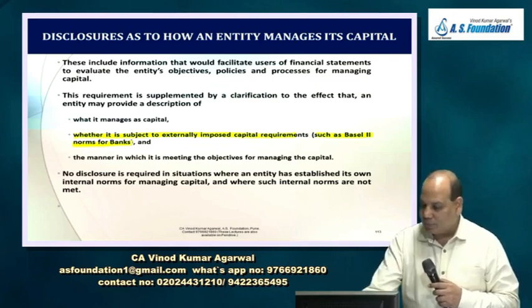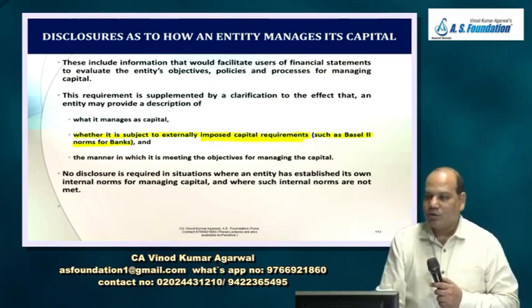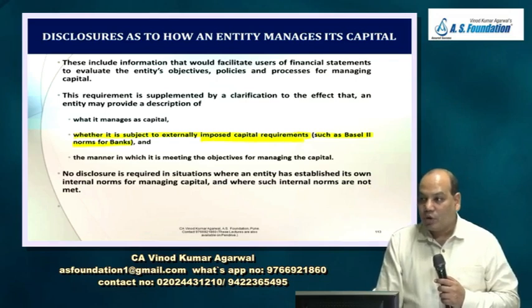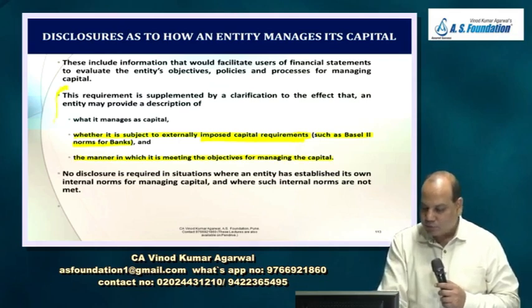And if their capital is less, then they will have to either increase the capital by issuing more equity or such capital, or reduce their exposure to the risk asset. That you need to explain, and the manner in which it is meeting the objective for managing the capital. So this is a note that they will have to give about how they manage their capital.